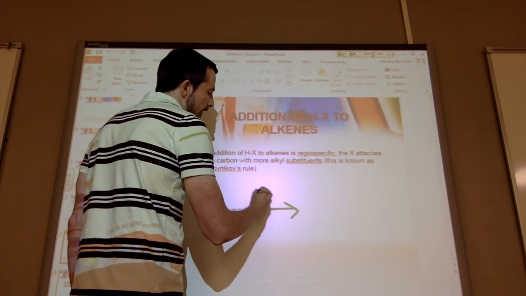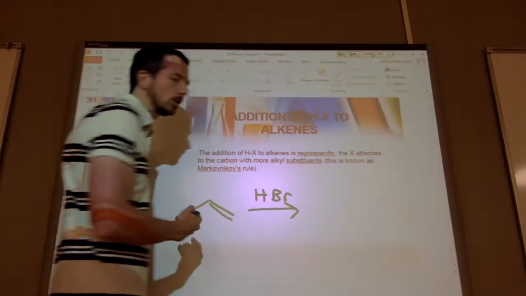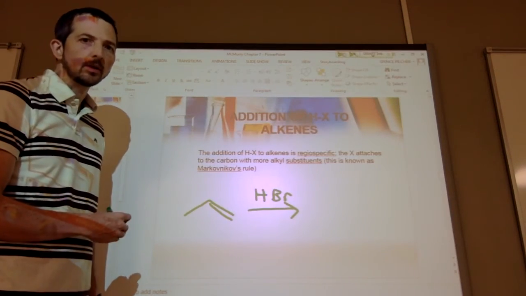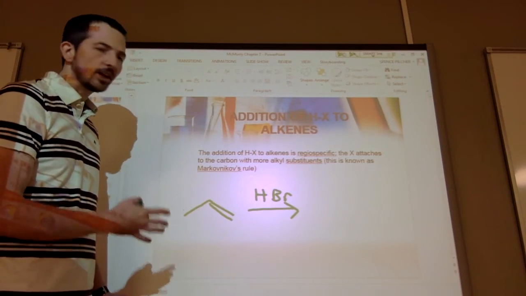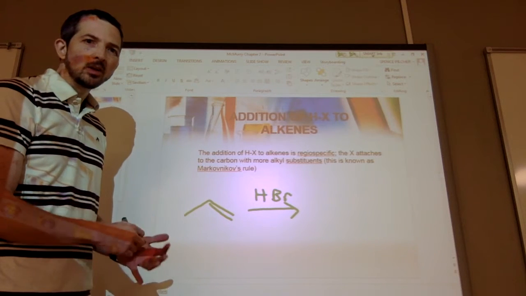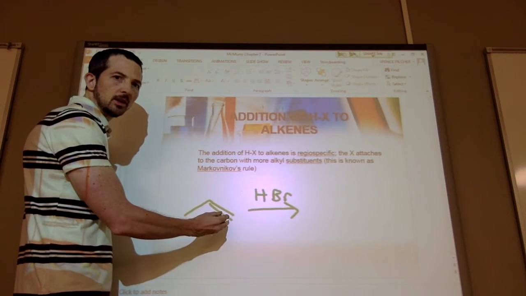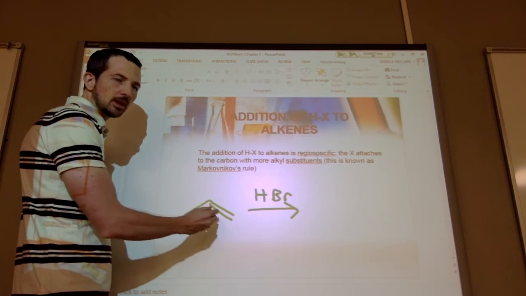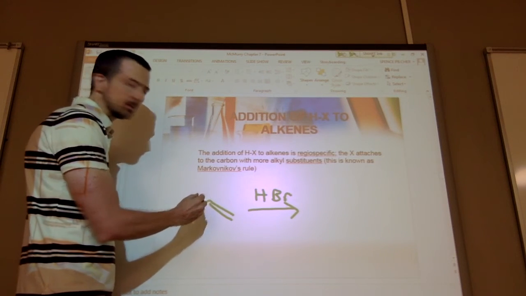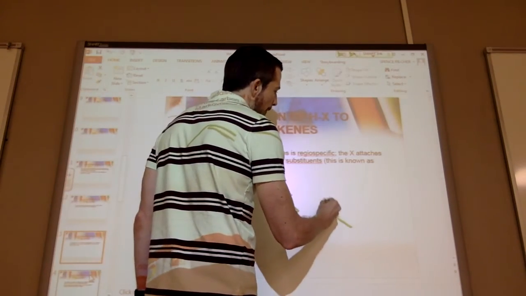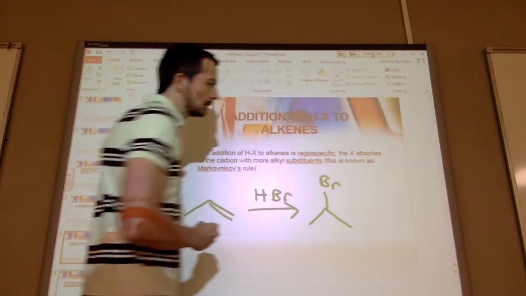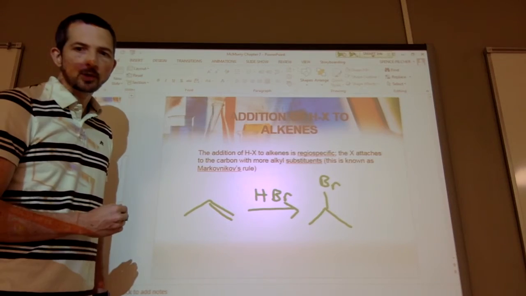And you can put the HBr, you can say plus HBr, you could see it written over the arrow as well. But again, H adds to one side, bromine adds to the other side. Bromine goes to the most substituted position. So if I'm looking at these two carbons, this one's attached to one, this one's attached to two, this is the most substituted position. So that would be my product.